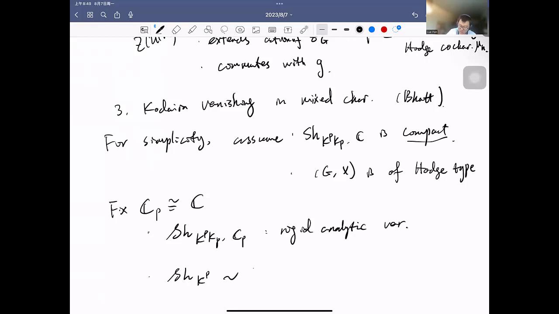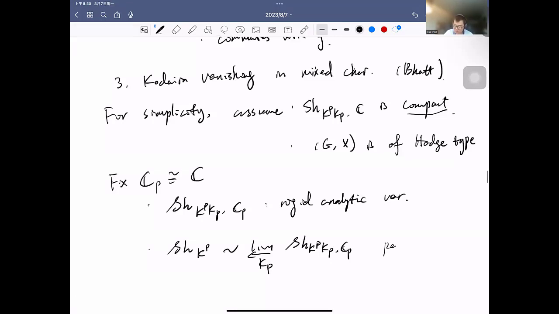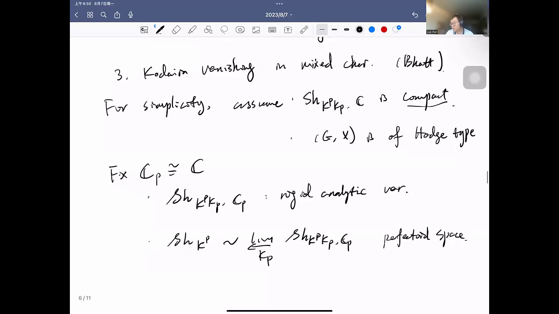And now you can consider the inverse limit when you vary the level at p. In general, it just exists as a diamond, but if it's Hodge type, it's just a perfectoid space. Generally, if it's not Hodge type, you just regard it as a diamond.